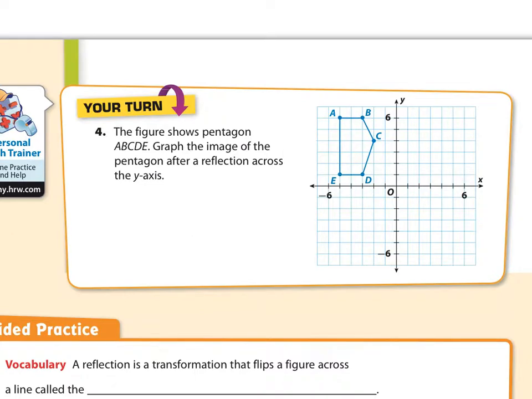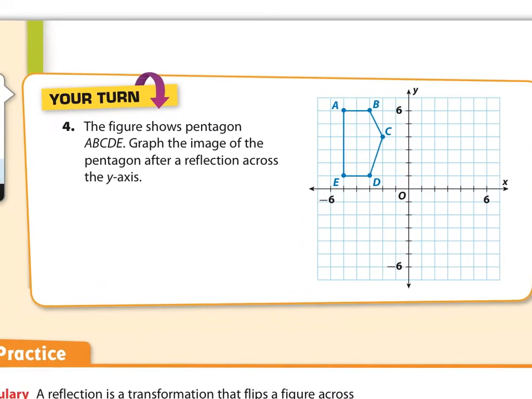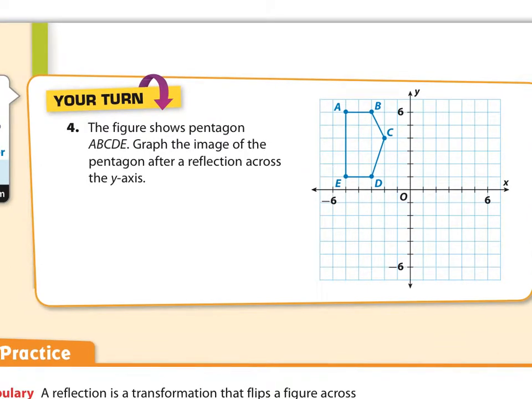I'm not going to actually show this in action, instead I'll show you how you could think about it if you were to move each point one by one. So the y-axis is this one, again, the one that's going up and down. So this is going to be our mirror. Let me go ahead and mark that down. Here's our mirror. So let's do each point separately.